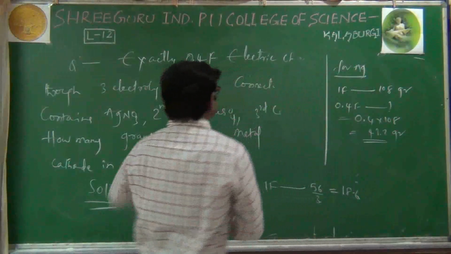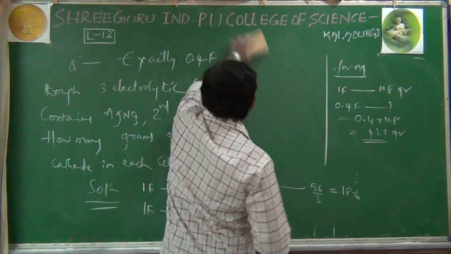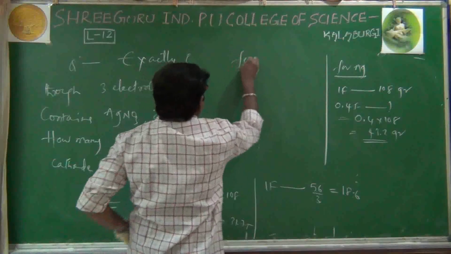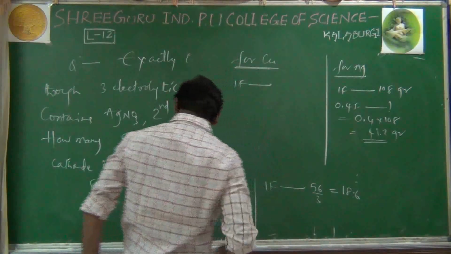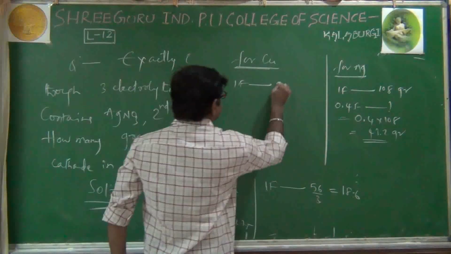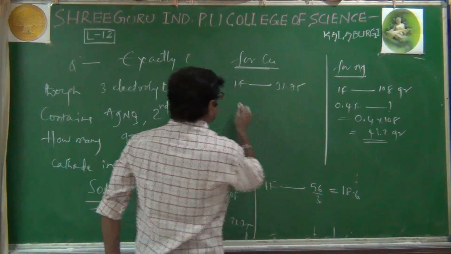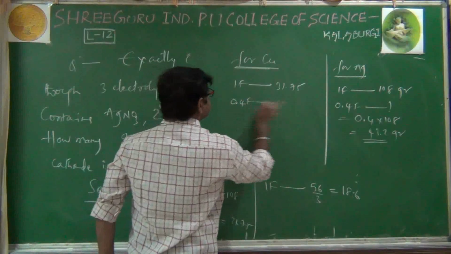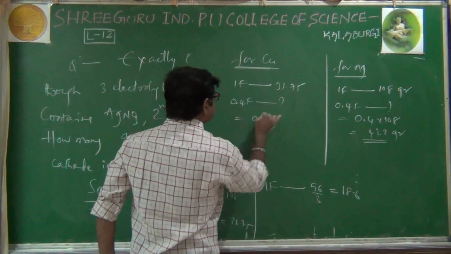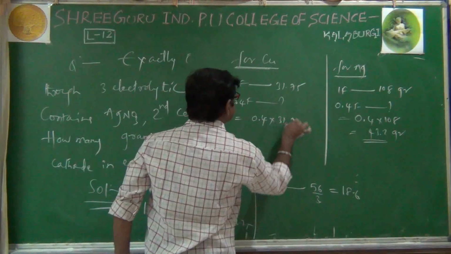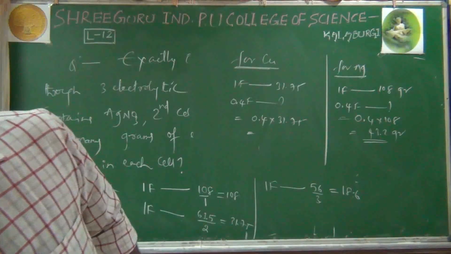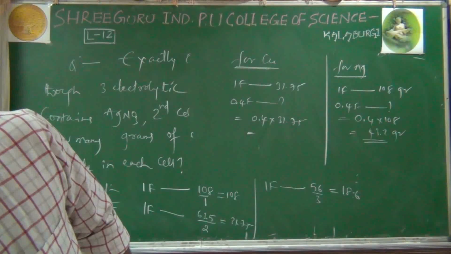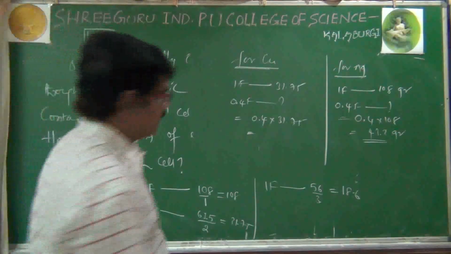Next. The second one is copper. For copper, if you send 1 Faraday, 31.75 grams. If you send 0.4 Faradays, how much? Nothing but 0.4 into 31.75. That is nothing but 12.7 grams.